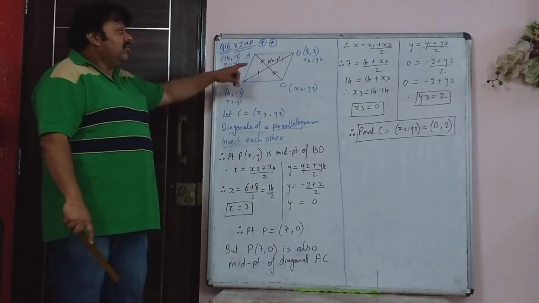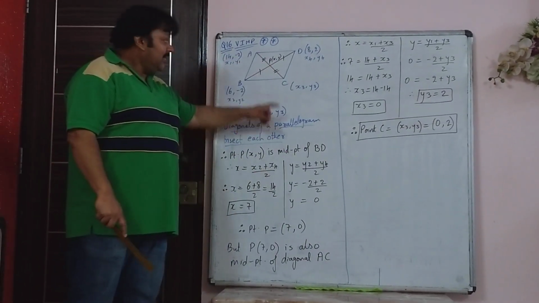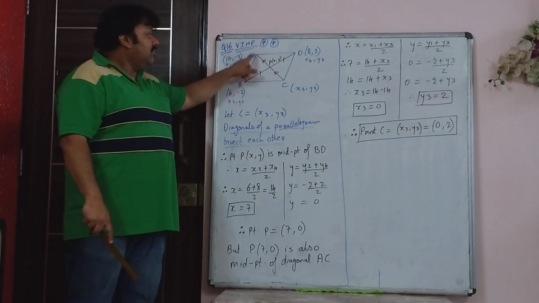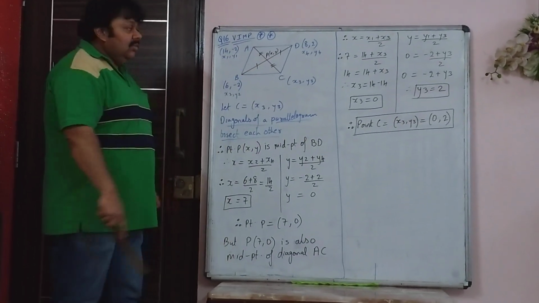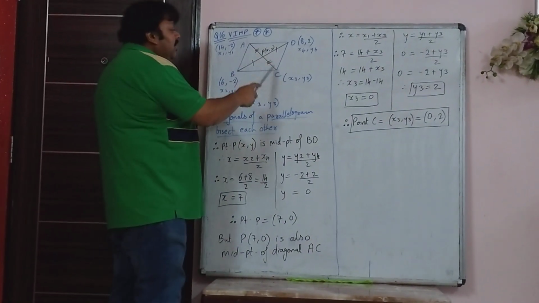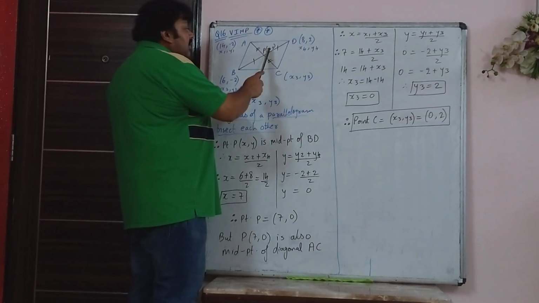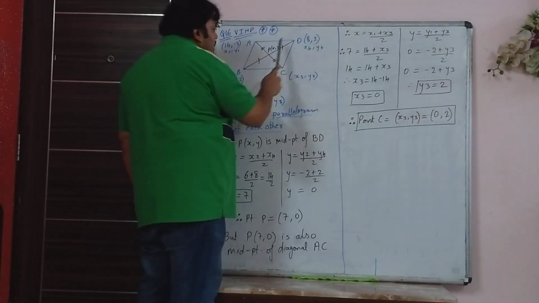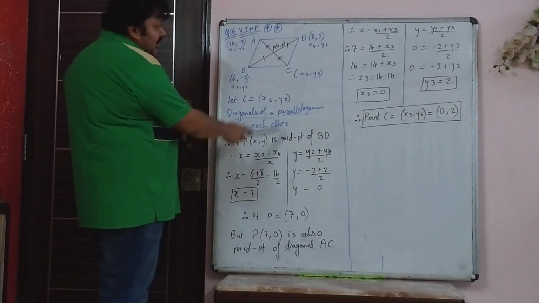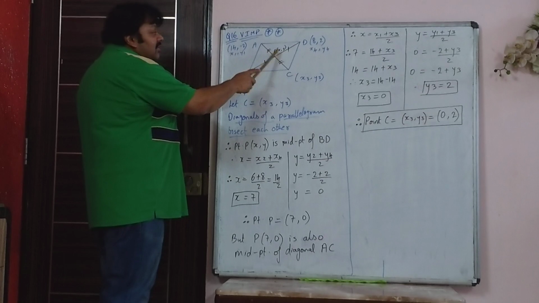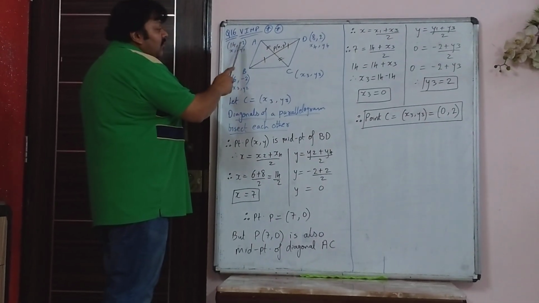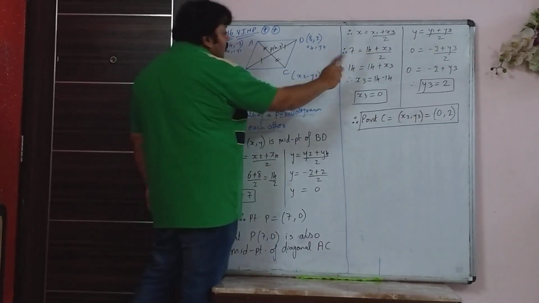Now since I have already found P, I am going to use P as the midpoint of AC. Since P is the midpoint of AC, the 7 which you just found as P's x coordinate is equal to (14 plus x3) upon 2.